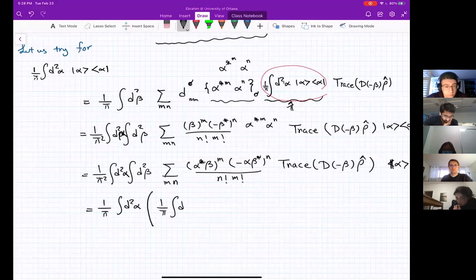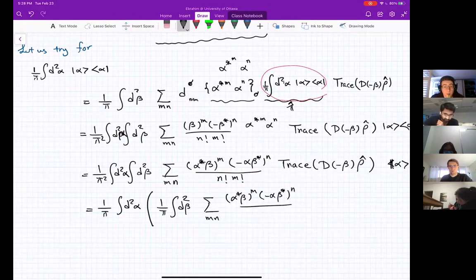I missed a step in my notebook. So I get summation of m and n, alpha star beta power of m minus alpha beta star power of n divided by n factorial m factorial, the trace of D minus beta rho.